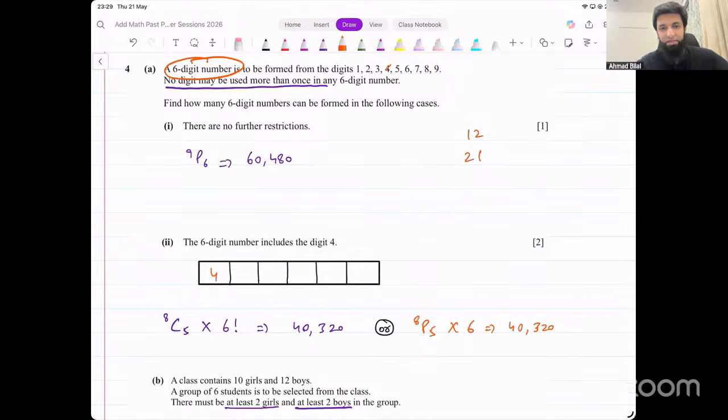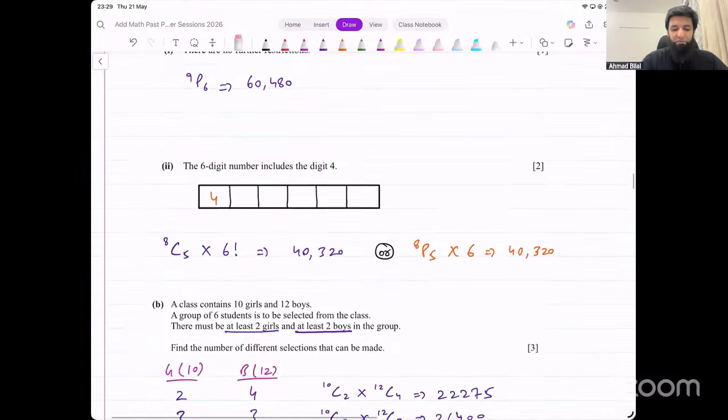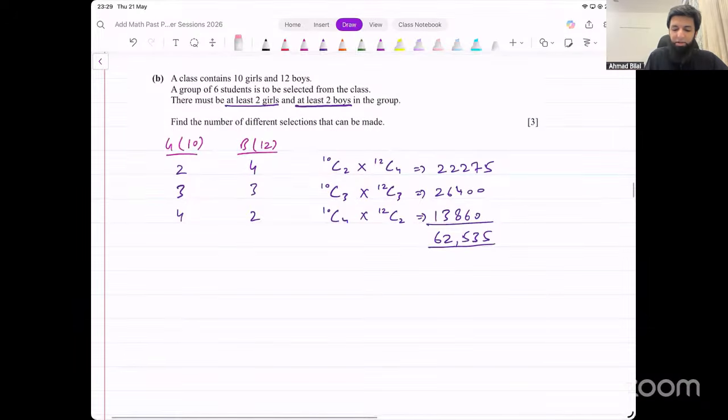The context of the question tells you that order is important. Generally, for numbers, order is going to be important. So you use permutation there. So in the first two parts, that's why we used permutation. And the second part, they're talking about selections. Selection means we only care about the group of people that we've got.